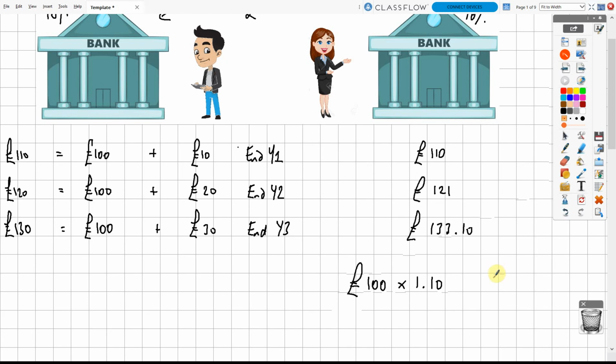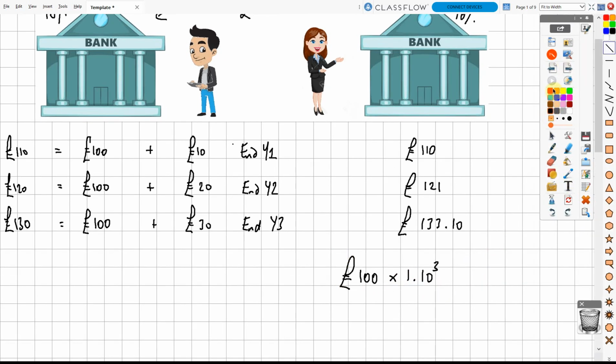So times 1.10, times another 1.10, times another 1.10 for as many years as she leaves the money in there. So for 3 years, it's going to be a power 3. And that will work out for you exactly how much money she has after 3 years.